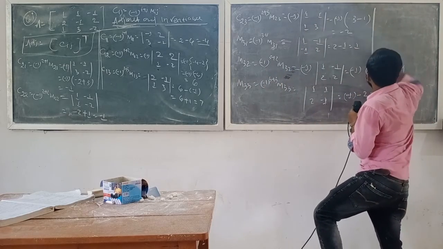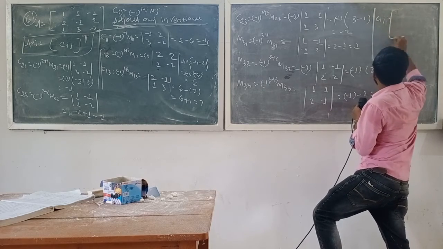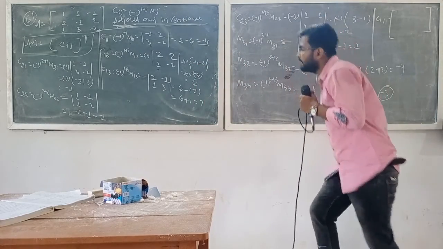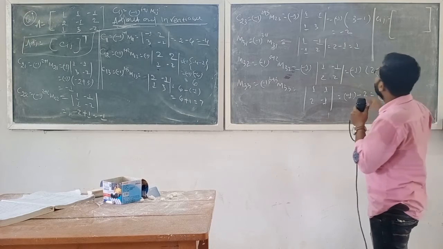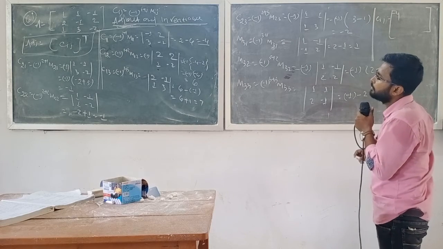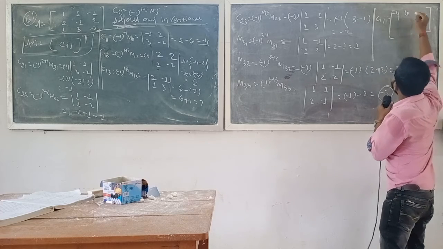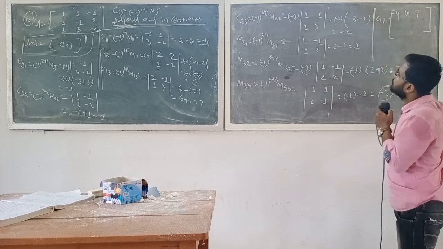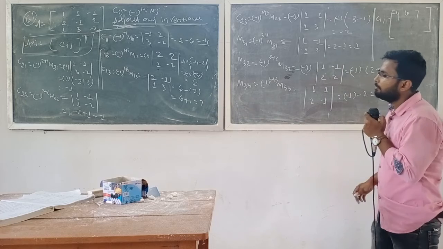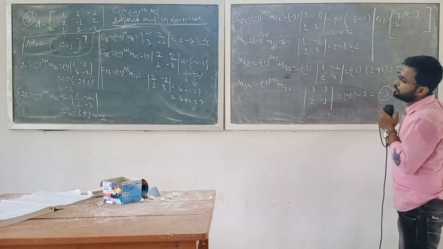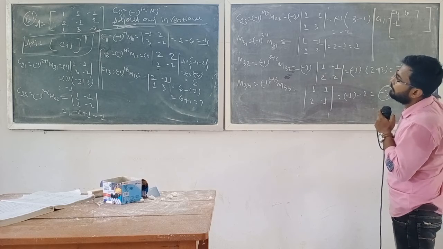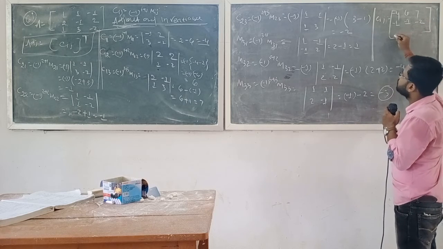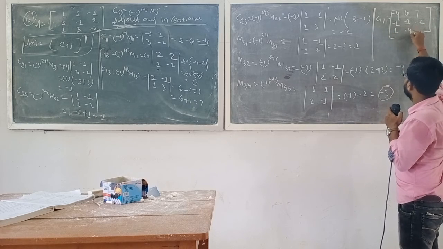Cij is equal to: C11 is -4, then 6, then 7, then -1, -1, -1, -2, 1, -4, -3.